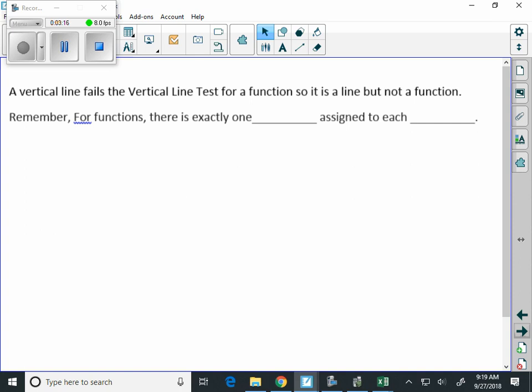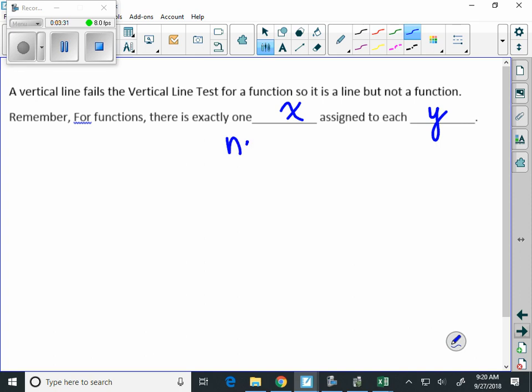And just a reminder as well, for functions, there is exactly one y assigned to each x, which ultimately means that no x's can repeat for something to be a function. And that was from the last unit.